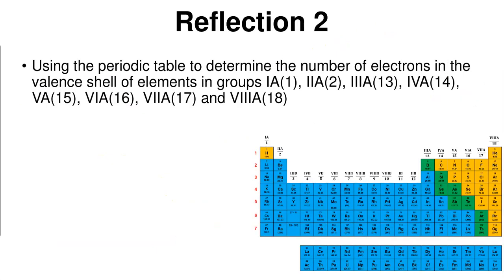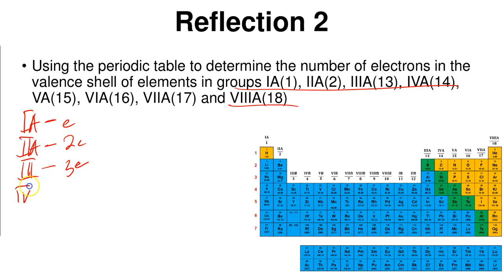So let's do a quick reflection here. It says, using the periodic table, determine the number of electrons in the valence shell of an element from group 1 to group 8. Again, group 1 is going to be what? It's 1 electron. Group 2A, of course, is 2 electrons. Group 3A, 3 electrons.